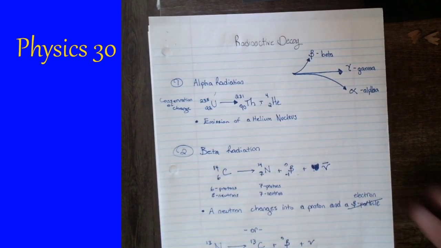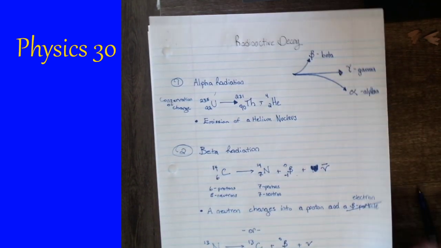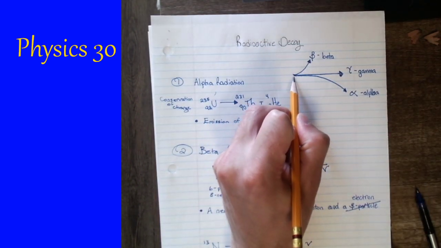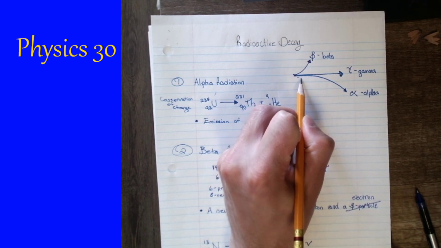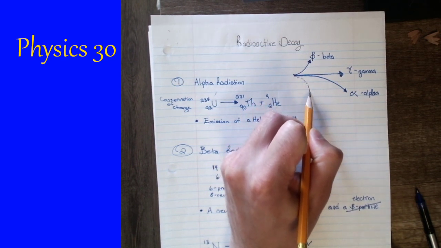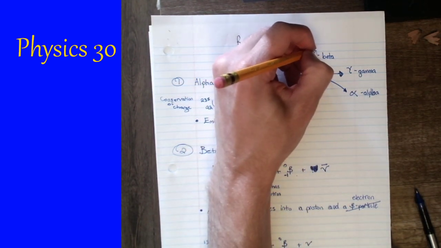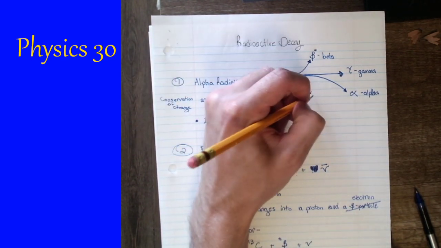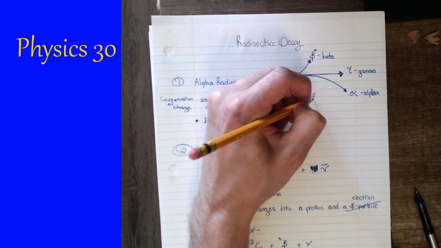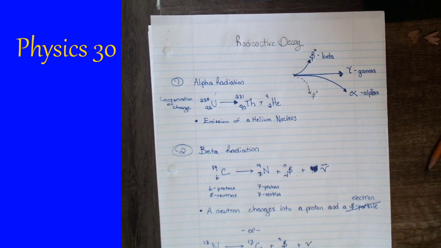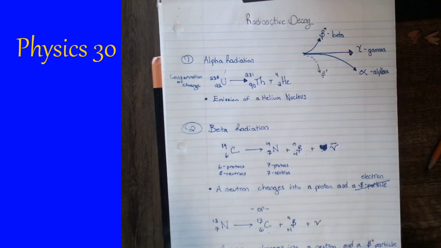Okay, so just before we continue, there seemed to be this other type of radiation that basically went like this. And this was referred to as the beta minus particle, and this was referred to as the beta plus particle. And, well, they're kind of the same thing, but they're a little bit different.